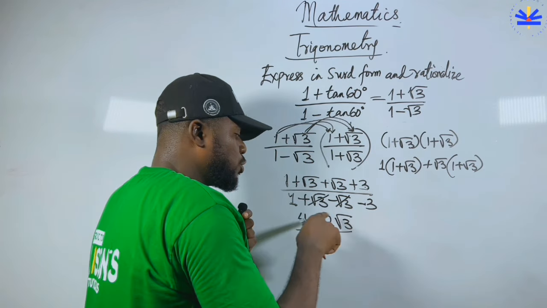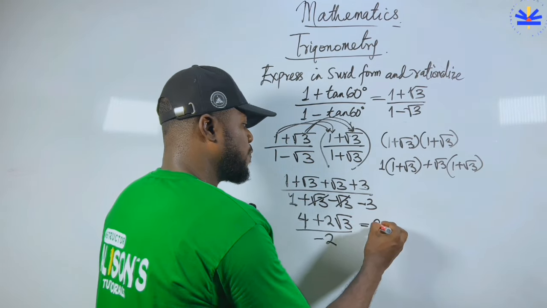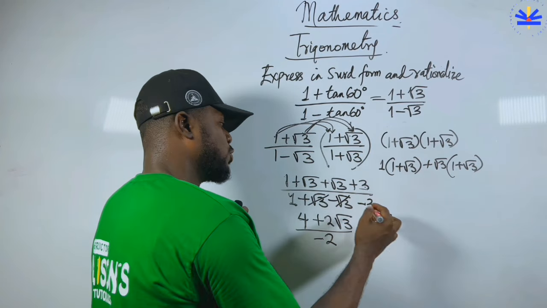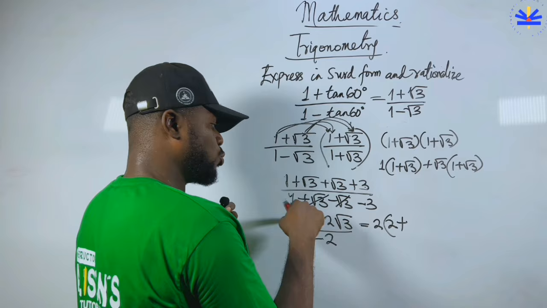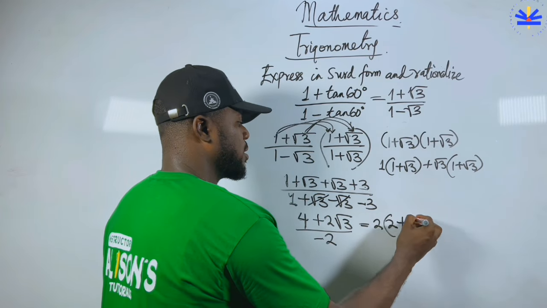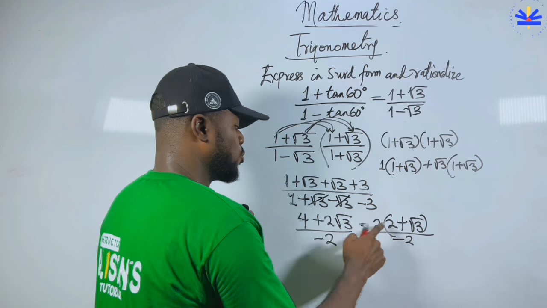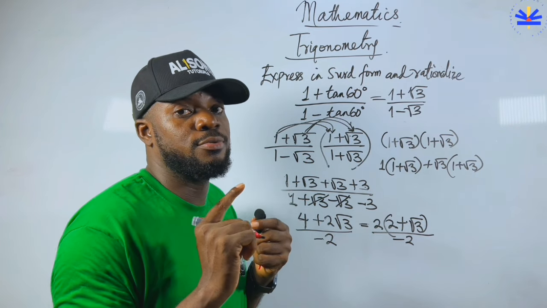Now for the numerator, something comes up. 2 is there inside this 4, 2 is there already, so I will factor out 2. If I take out 2 from this 4, 2 will remain. Plus, if I take out this 2 here, I just have root 3. Now it will remain. If you want to check whether it is correct, 2 times 2 will give me 4. 2 times root 3, 2 root 3. Simple.